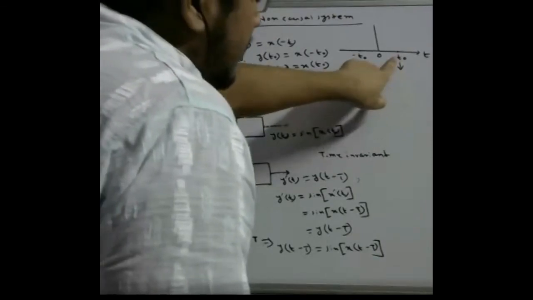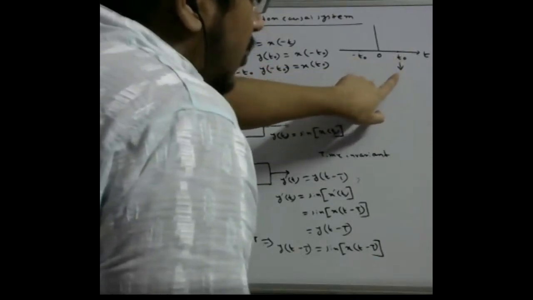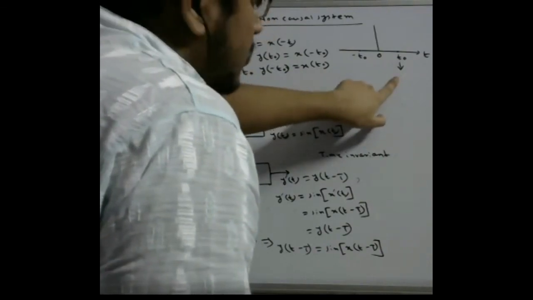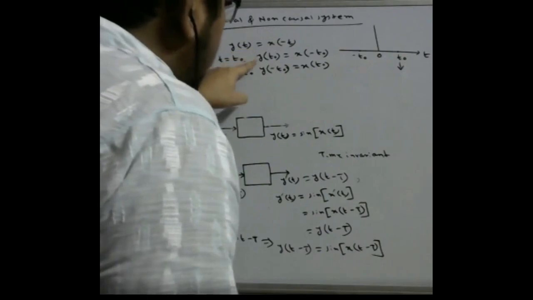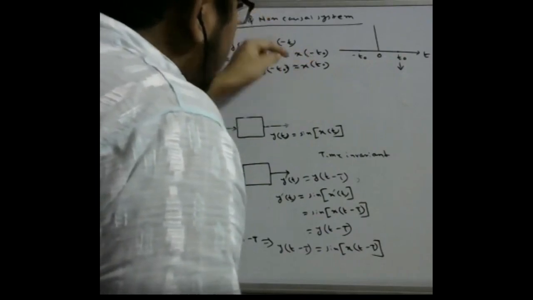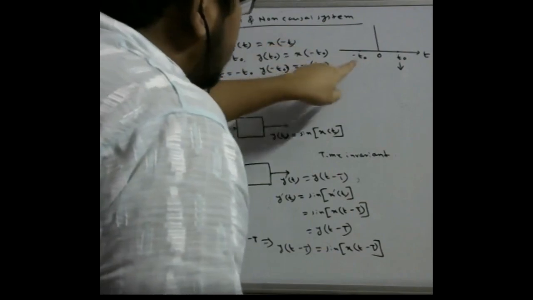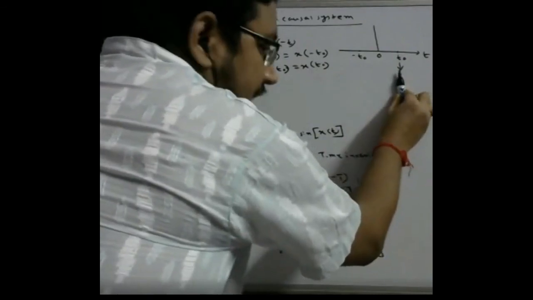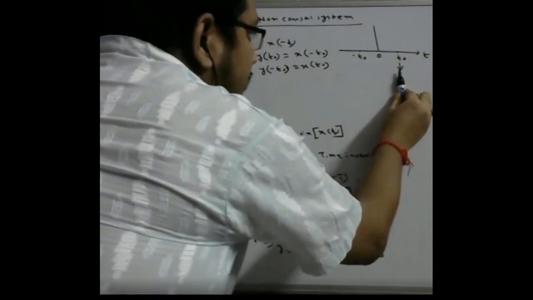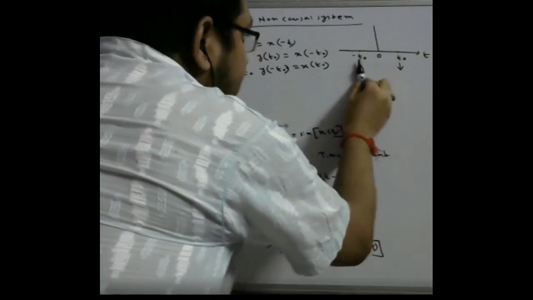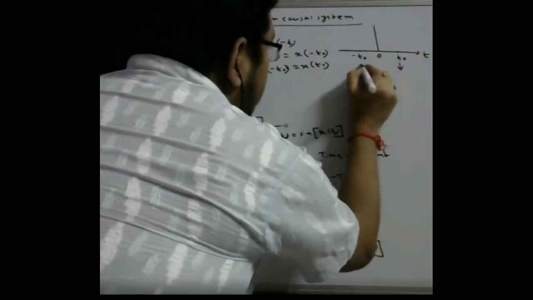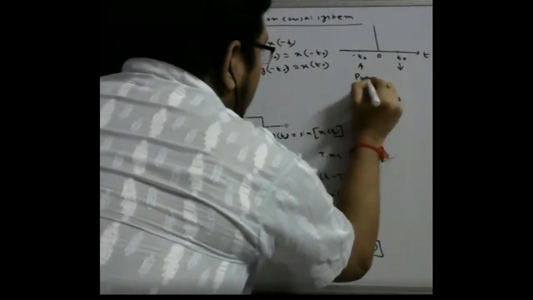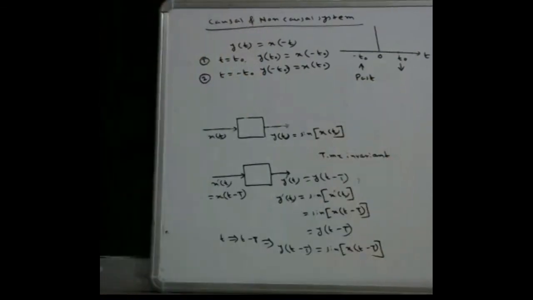So t naught is our current or present time. Corresponding to t naught, the output depends on the input value at −t naught. If we compare this time instant with the present, it is a past time instant.